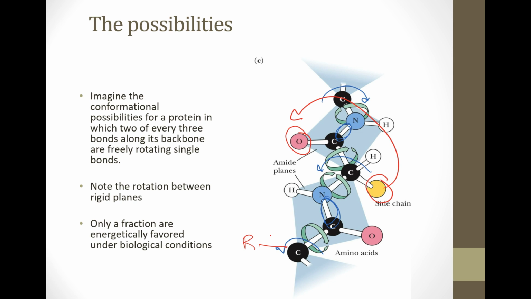So, even though we have quote-unquote free rotation around certain points in the protein, that doesn't mean that they're all energetically equally favored or likely to occur in a biological system. In fact, this amide plane significantly limits the number of possibilities that can occur under normal conditions.